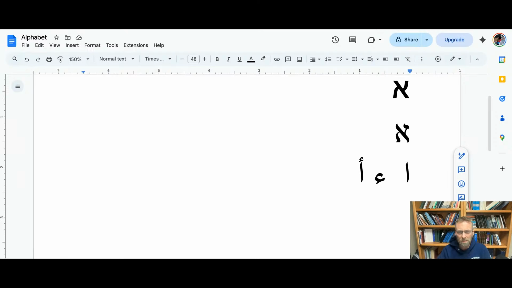So I'll give you an example. The word for head in formal Arabic is ra's. Did you hear that stop in the middle? Ra's. Now, in spoken Arabic, it becomes ras, just a long A vowel.